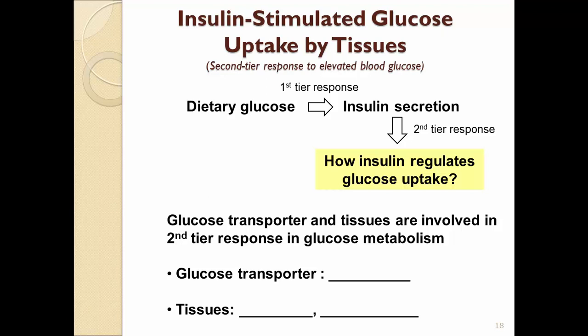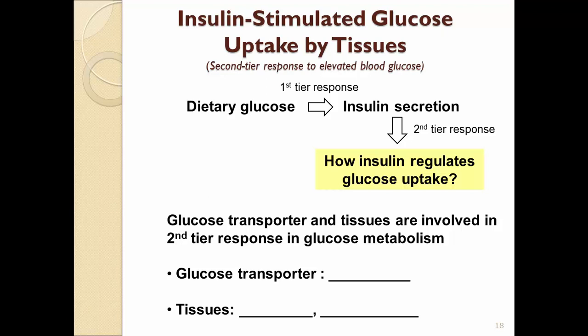so the second tier response. Once we have insulin released from the pancreas in response to the increased blood glucose level after a meal, insulin then in turn does something to further reduce blood glucose level, right?